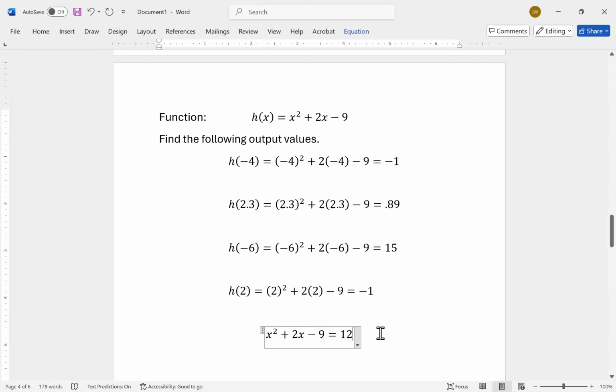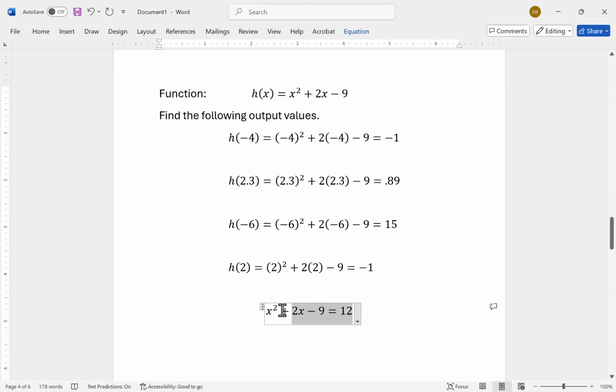Because we'll do that sort of solving technique later on in the course. But just know you could have done this with any function. You could have said, if this has an output value of 12, what is the correct x value that you plug in? Or if this has an output value of negative 1, what's the x value you need to plug in? And you could say, well, actually, there's a couple of them.